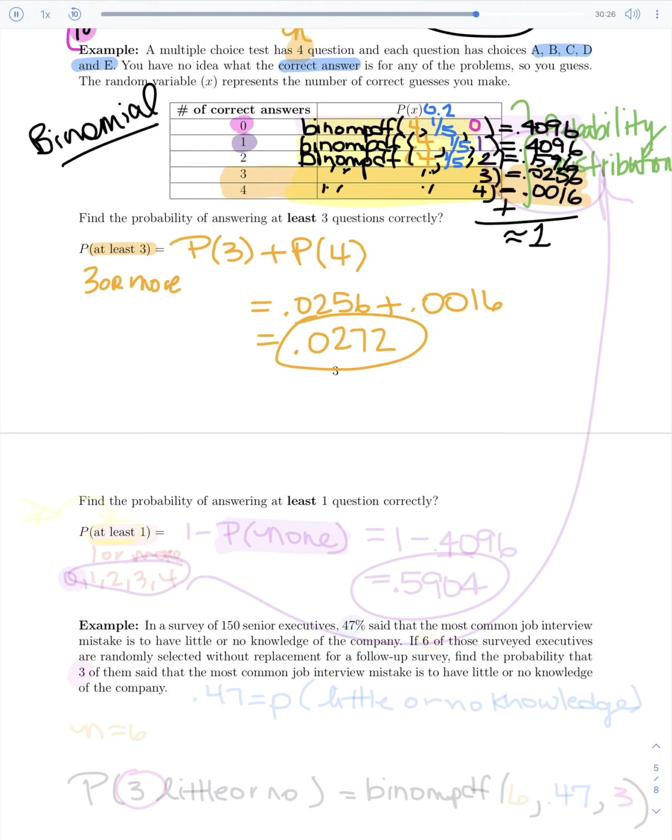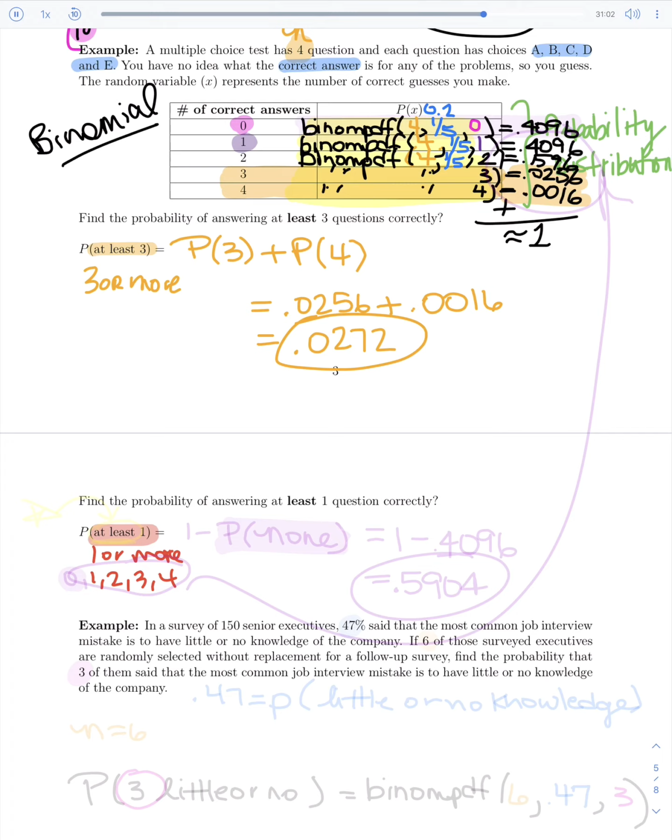Let's take a look at one more using the same example, but this time we want to look at getting at least 1 question correct out of the 4. At least 1 means 1 or more, which would include getting 1 right, 2 right, 3 right, or all 4. So the long-winded way that I could do this is find all 4 of these probabilities, probability of getting 1 right, 2 right, 3 right, and 4 right, take all those binomial probabilities from my table and add them all up.